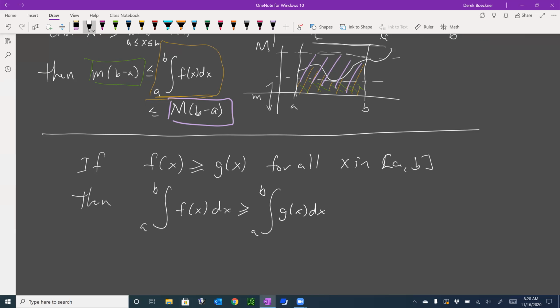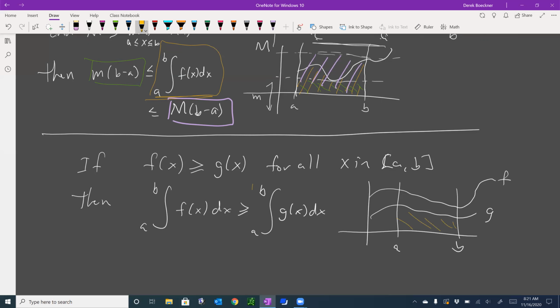So if you've got a bigger function, you've got a bigger area. Okay. Here's f, here's g, f is always bigger. Then that area is smaller than that area.